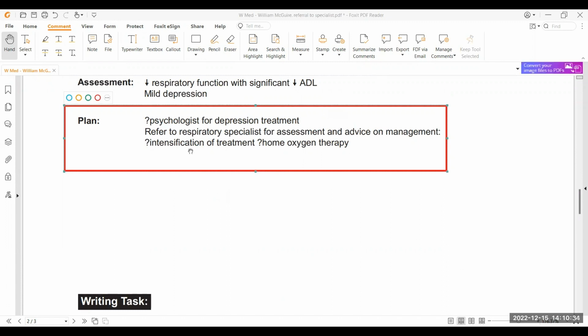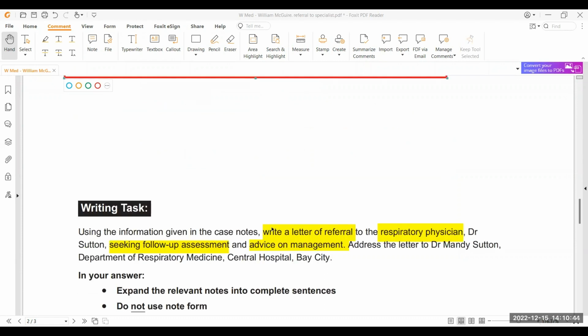Right. There are three things under the plan. Of course, bearing in mind, as you're reading the case note, who you're writing to and why you're writing. If you remember, we use a strategy for the introduction.